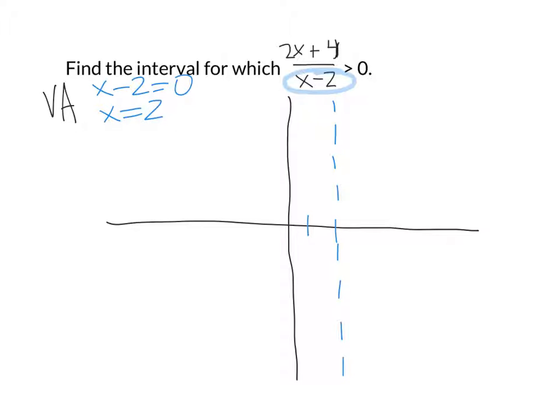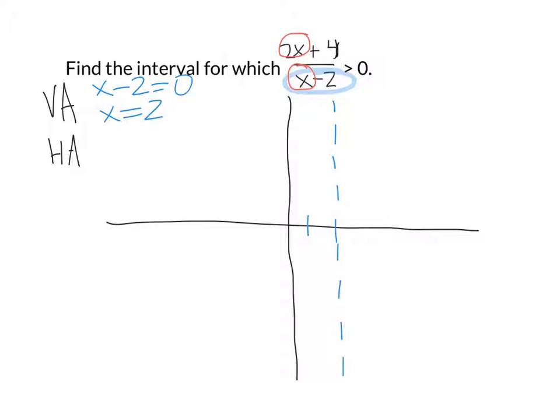The next thing we want to do is figure out your horizontal asymptote. Taking a look at this equation, we notice that we have a 2x on top and an x on bottom. It means it has a linear expression on top and a linear expression on bottom.